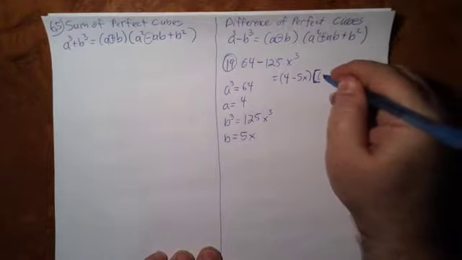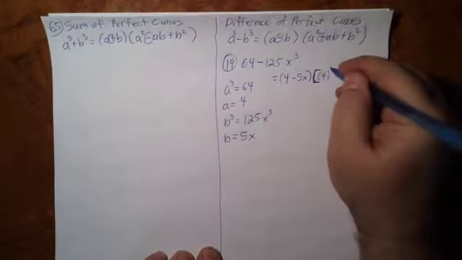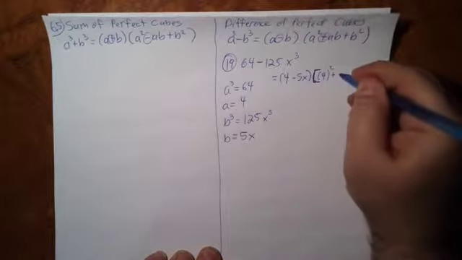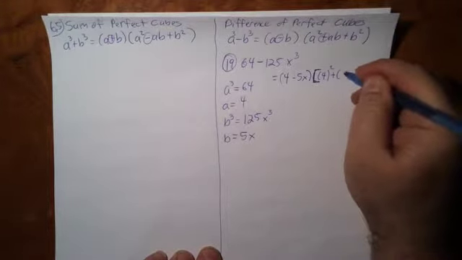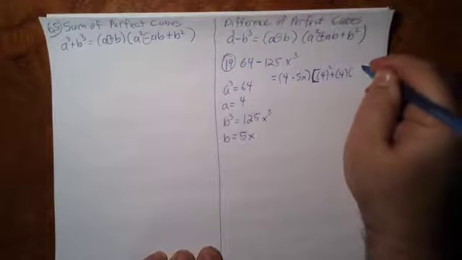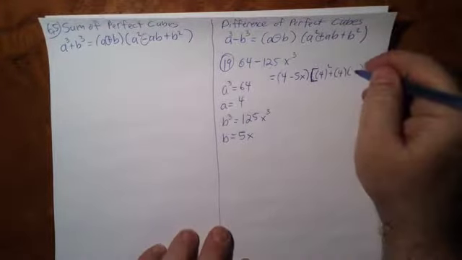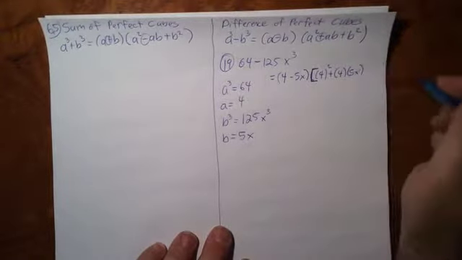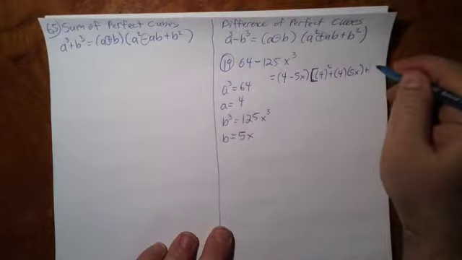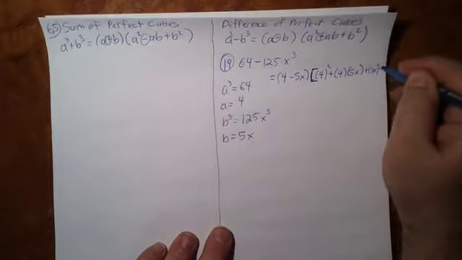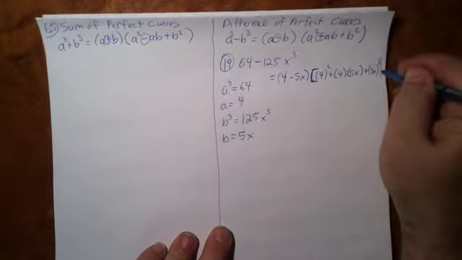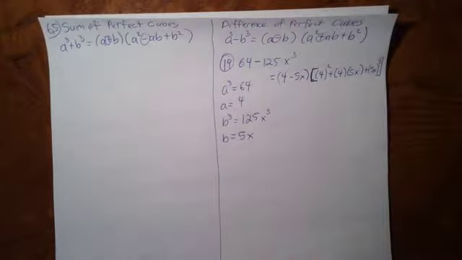We have the quantity of 4, which is a squared, plus the value of a again is 4. The value of b here is 5x, plus the value of b here is 5x. And now this has to be squared. So that's a real critical piece.